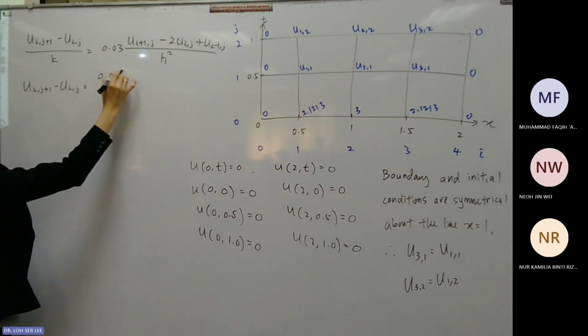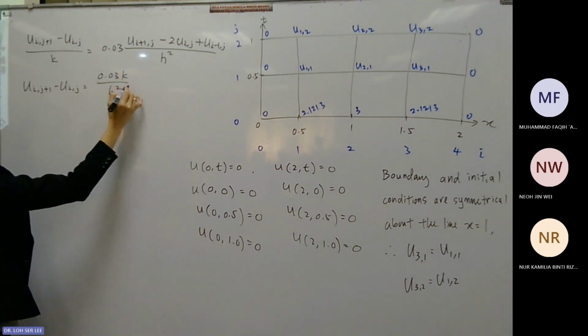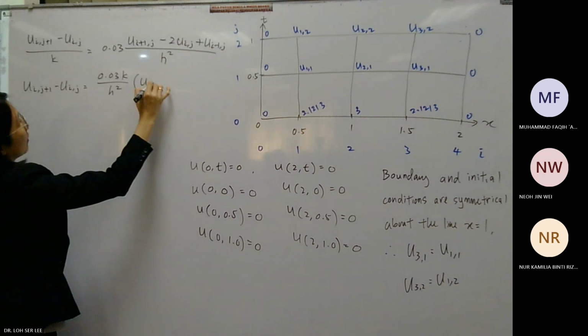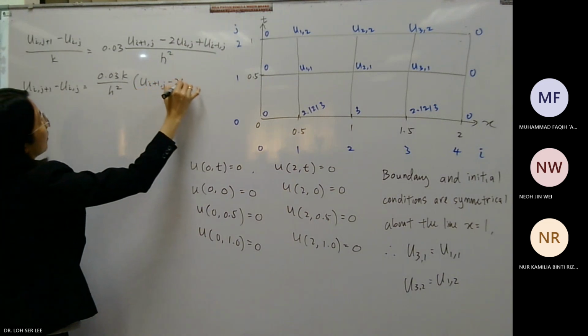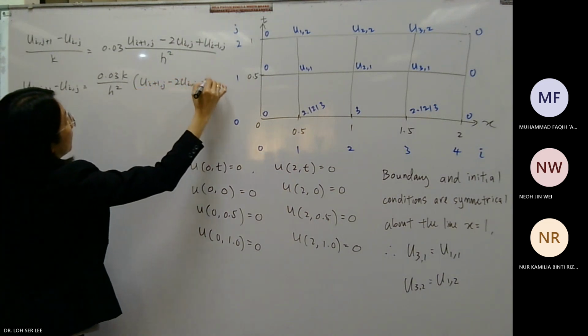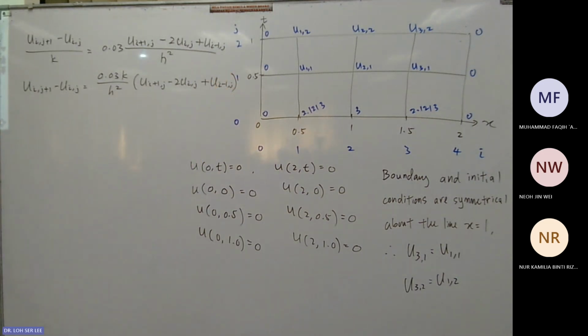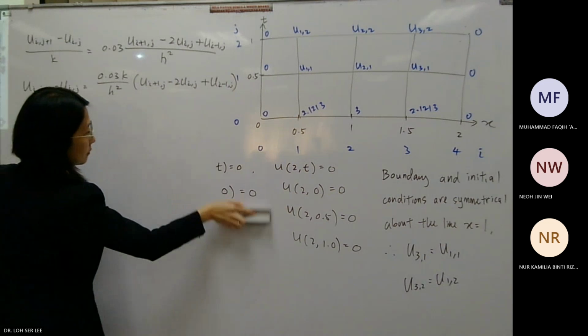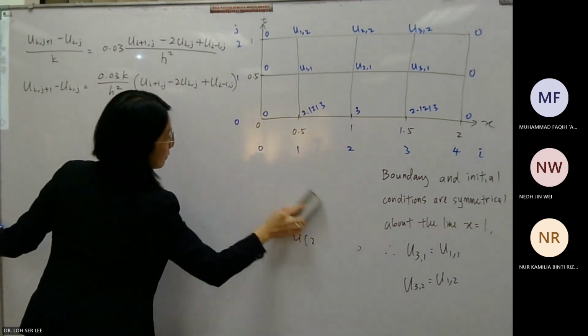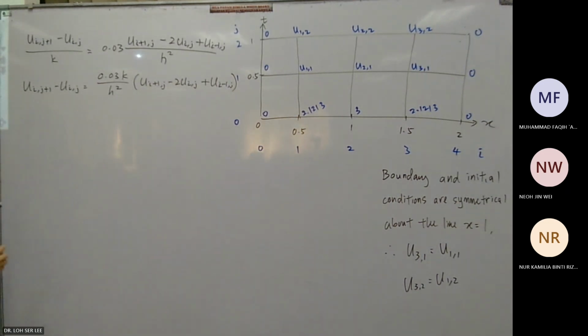Zero point zero three k over h squared. Substitute the k and h, move the uij.